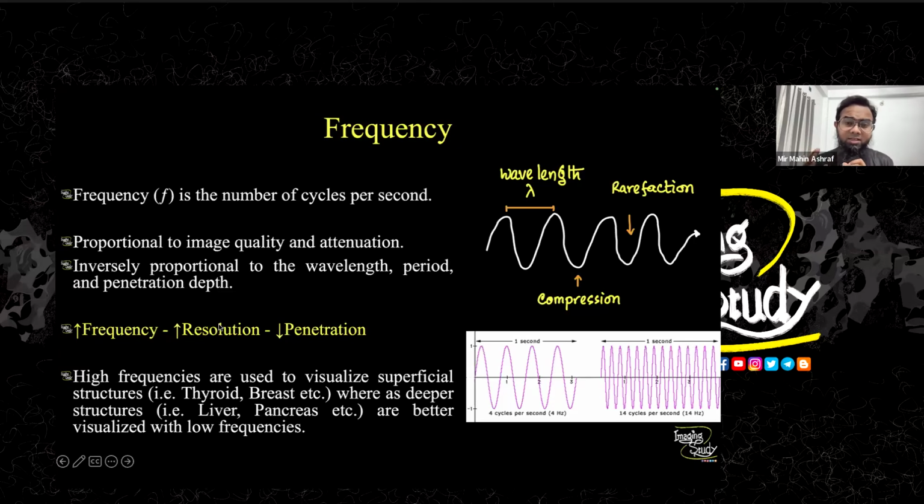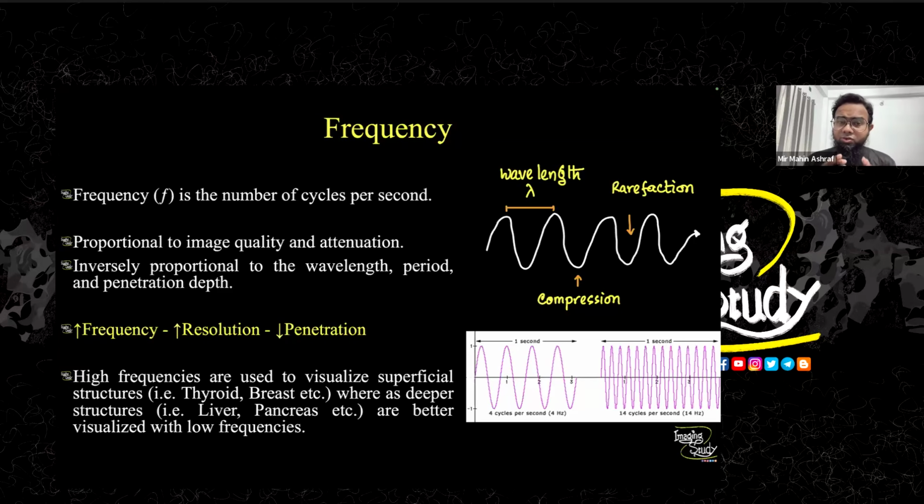The benefit of high frequency is getting a good resolution. We all want the resolution to be very good, but the problem is that the high frequency waves have a very low penetrating capability. So they just go inside the skin and get reflected.